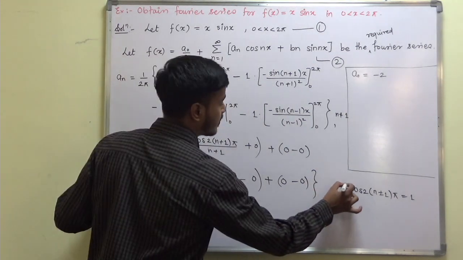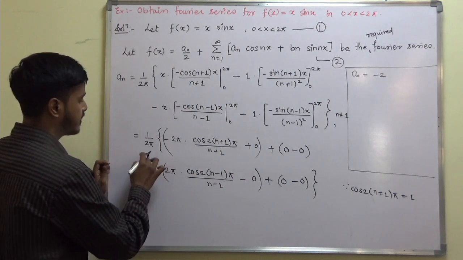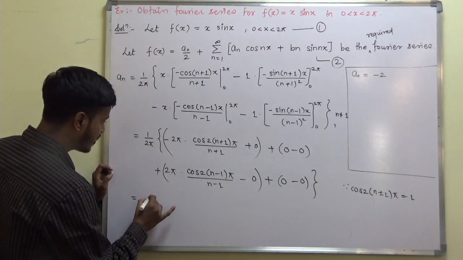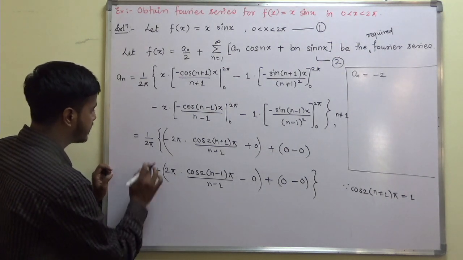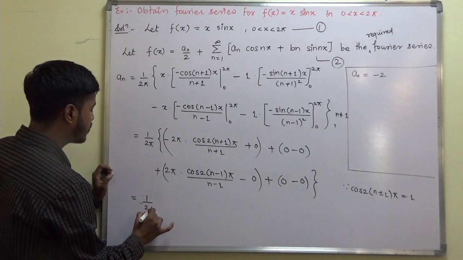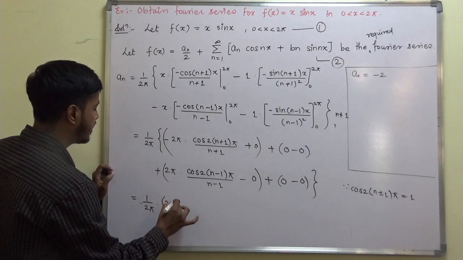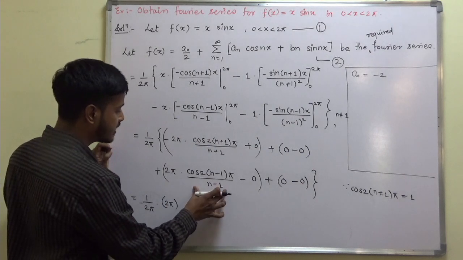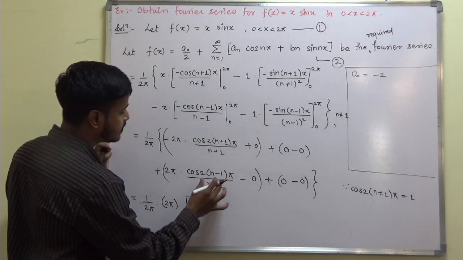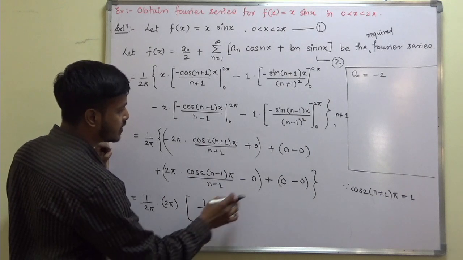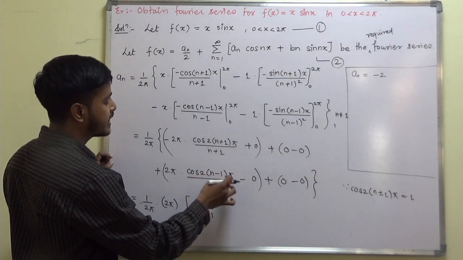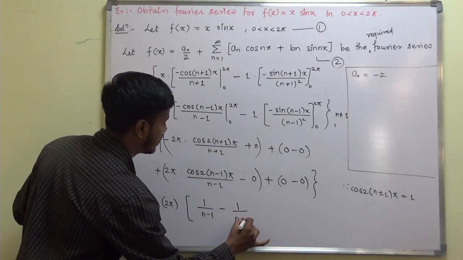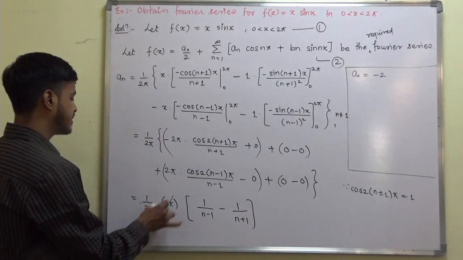So here I am writing it as, this is 2 pi, you can take common throughout, that 2 pi gets cancelled with this and we remain with 1 upon 2 pi already there, and 2 pi common from both the terms. So what we remain with, this and this, so I am writing the positive term first: 1 upon n minus 1, because cos 2(n plus or minus 1) of pi is 1, minus 1 upon n plus 1. So this gets cancelled with this.